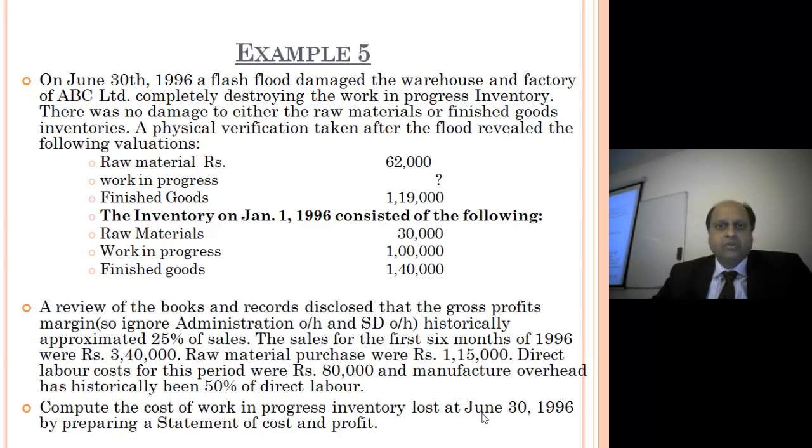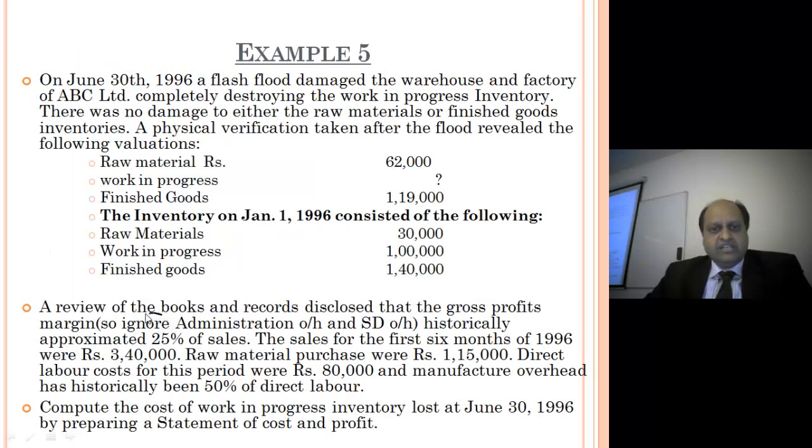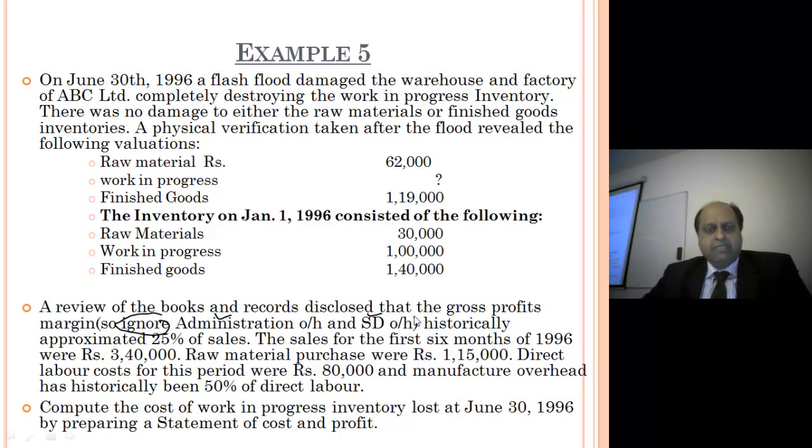Done? Now, here few things are important. One is it says ignore admin and selling and distribution overheads. So what you will do is you will put this as 0 and this as 0. This is fine. Now further, raw material is 62,000.